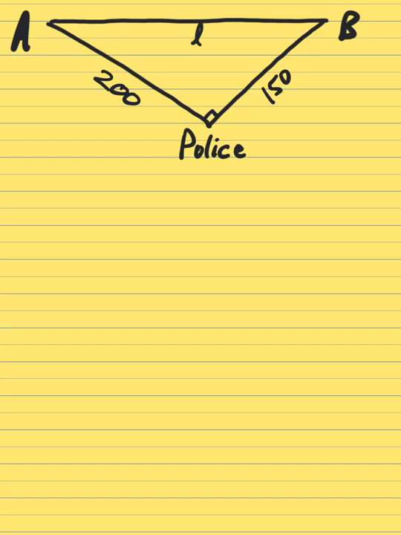Recall that anytime you know two of the three sides of a right triangle, then you can find the third. So the length squared is equal to 200 squared plus 150 squared. The legs squared and added equals the hypotenuse squared.